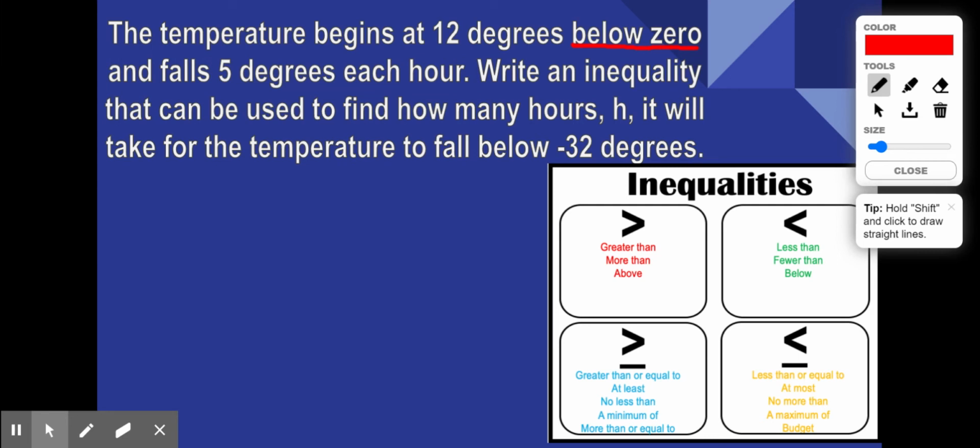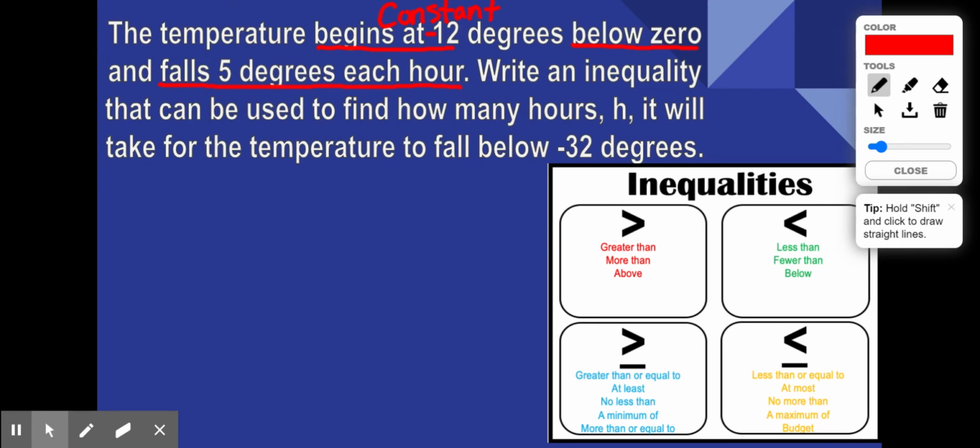Negative numbers. So we're actually beginning at negative 12. So our constant is negative 12. We're starting at negative 12. And falls 5 degrees each hour.